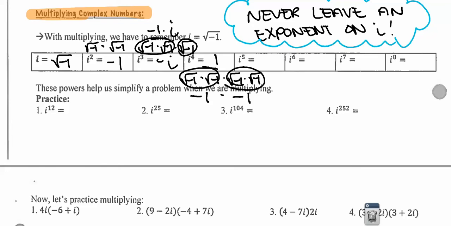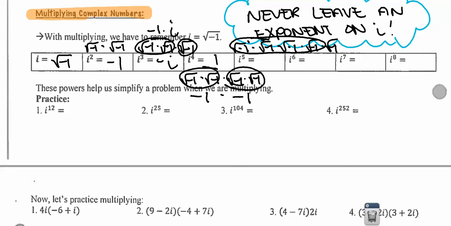And then I'm going to keep going in cycles here. So if I add an extra square root of -1, I know i to the 4th is 1, right? Because that's what I just got previously.